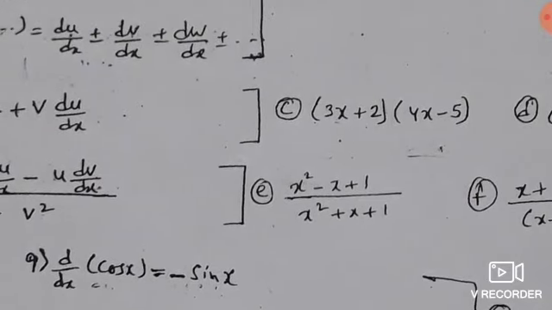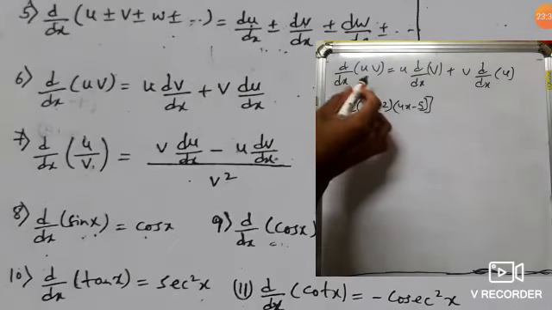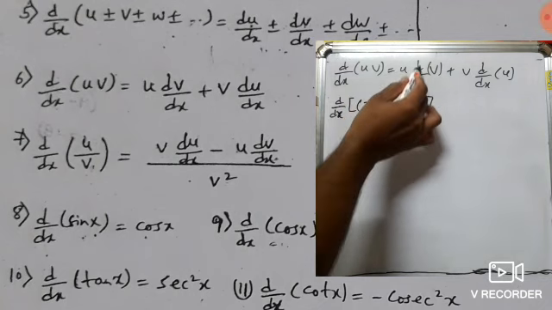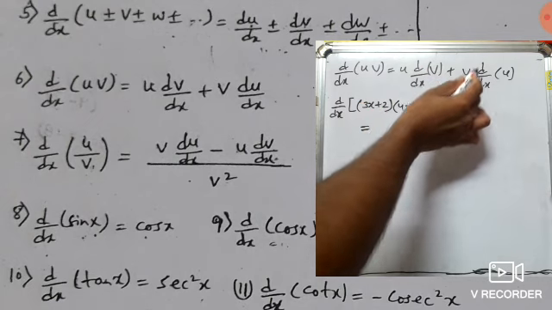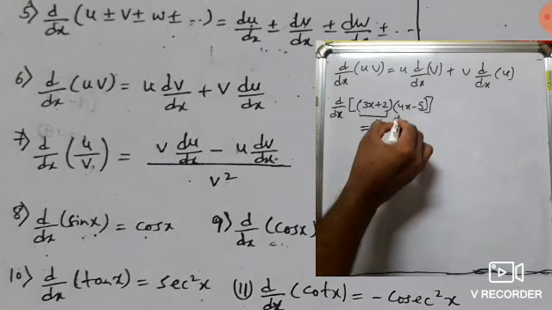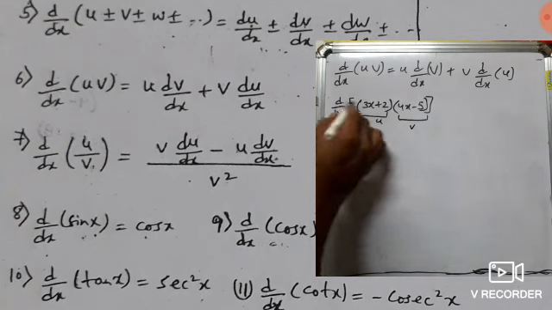3x plus 2 times 4x minus 5. So we can see on the board, u will come in front: one time u d/dx of v plus v d/dx of u. So in this sum, we can take this as u and this as v. So we will break this.